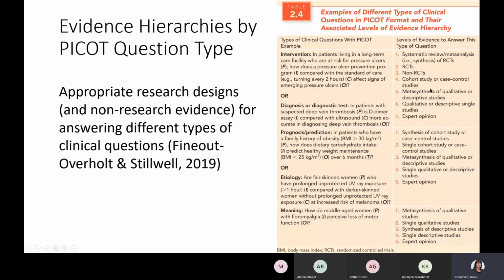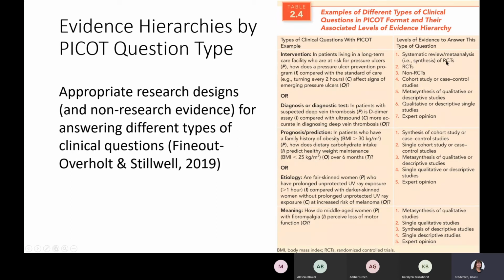And adjacent to those different types of PICO questions are the levels of evidence that you might use or might find to answer that type of PICO question. So you can see for intervention PICO questions, the evidence hierarchy is the largest for that type of question. And we have systematic reviews and meta-analyses at the top.